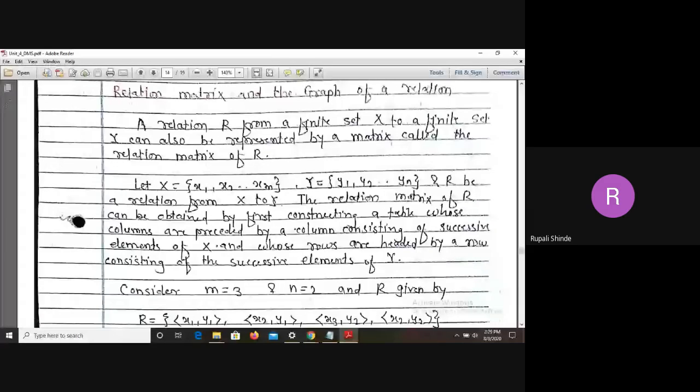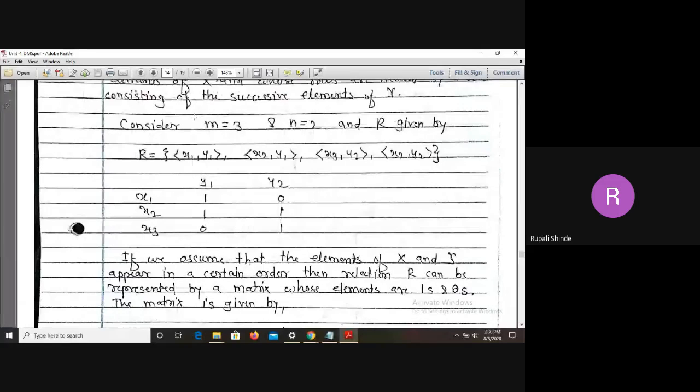A matrix which is drawn for representation of any relation is called a relation matrix. As simple as that. Now, here one example is given, which consists of ordered pairs. For this relation R, we have to draw the relation matrix.